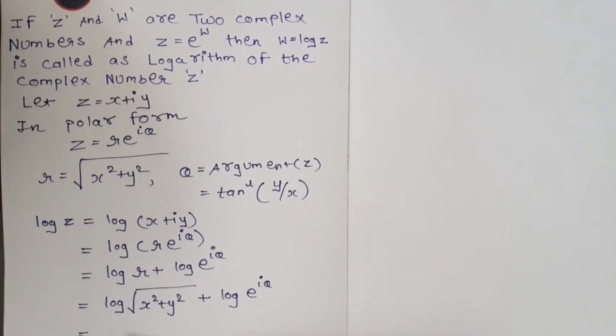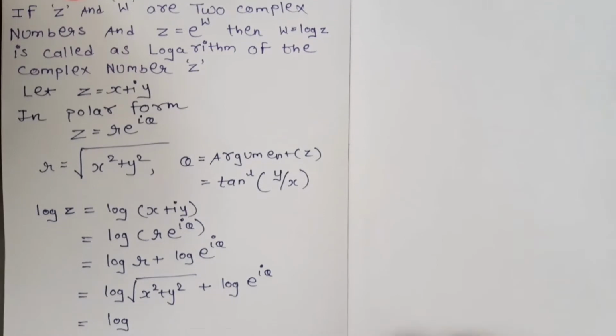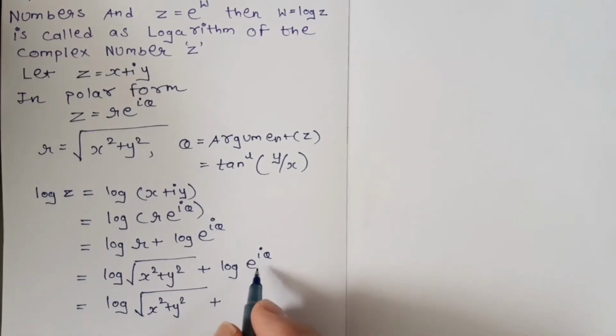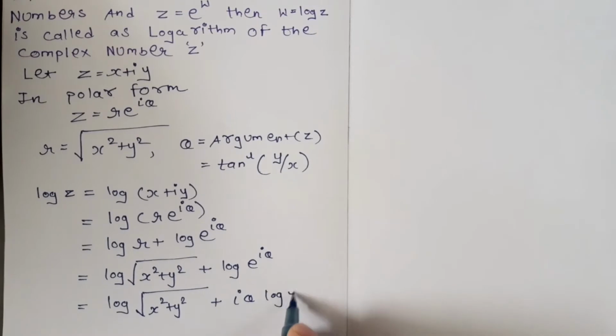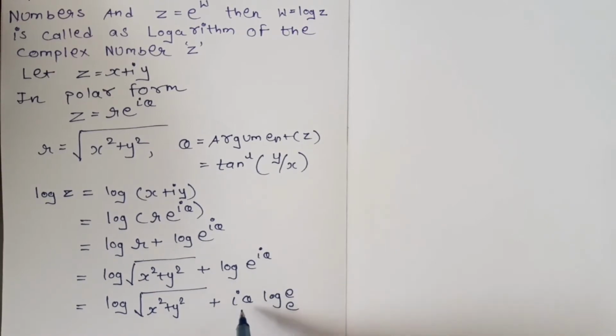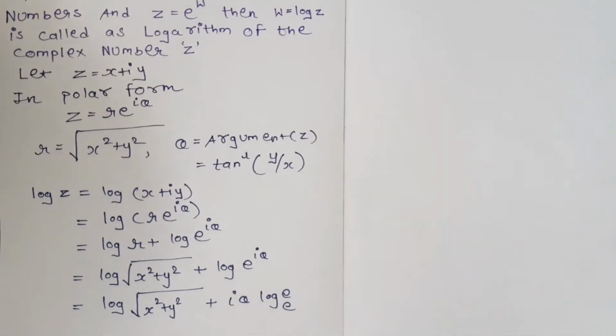This is equal to log of under root of x square plus y square plus i into theta into log of e to the base e. This is due to the power rule of the log. The power comes downward, so it will be i into theta into log of e to the base e.